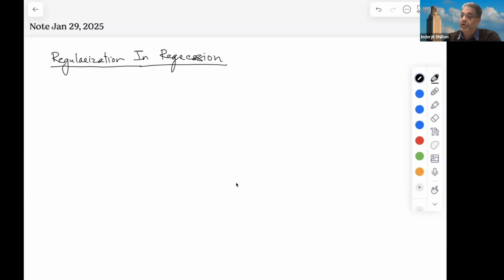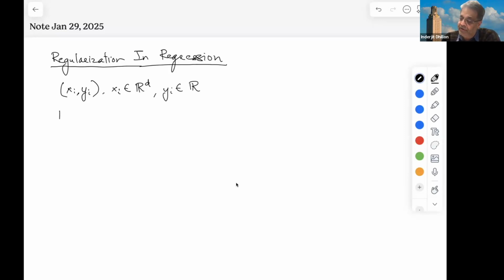Okay, so a reminder that regression is: I have training data xi, yi. Xi is d-dimensional, d features. Since we are talking about regression, the y's are real numbers.